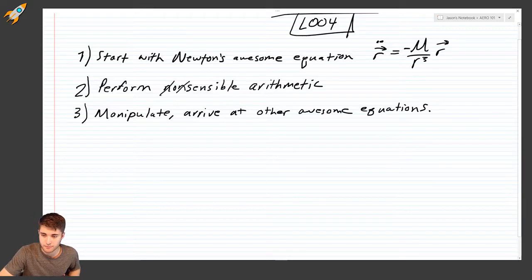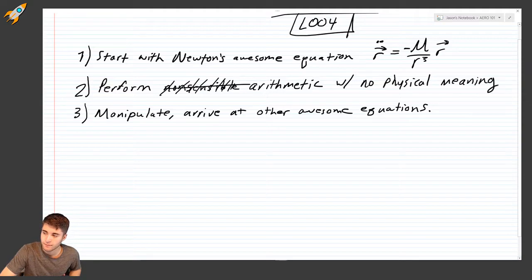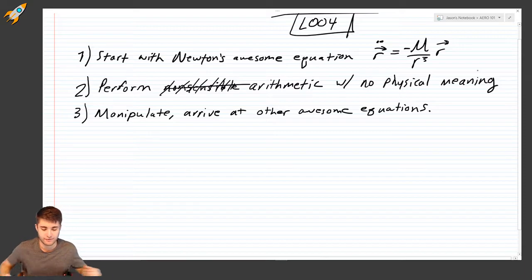Maybe "perform arithmetic with no physical meaning" is a better way to put it. Because we have to do them to derive the equations, but they just don't have a lot of physical meaning to them. So I think that's the better way of saying that.